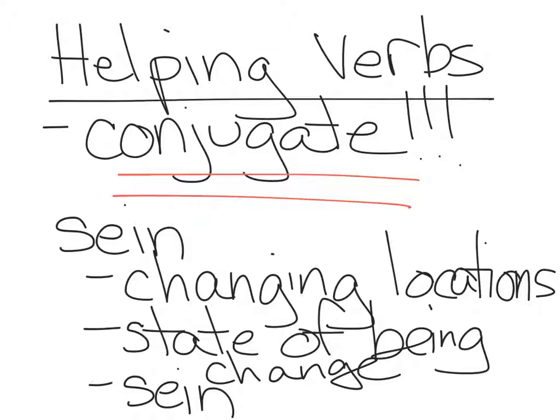But we'll get into those kinds of things. Now, step one is you figure out, is it sein? Haben you use for everything else. So you just need to figure out whether you would use sein or not. And if you don't, then you use haben.